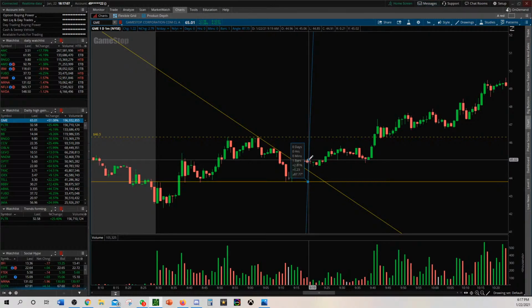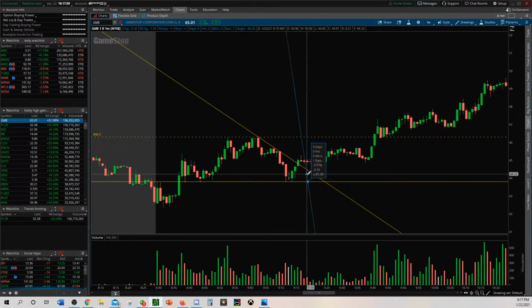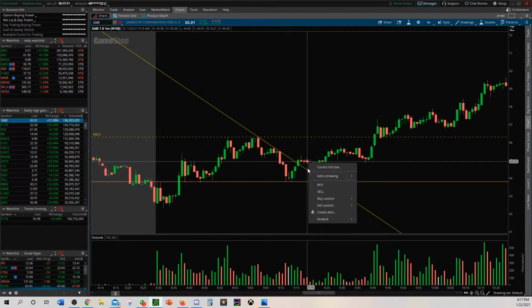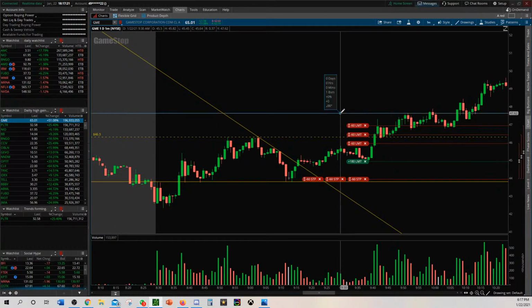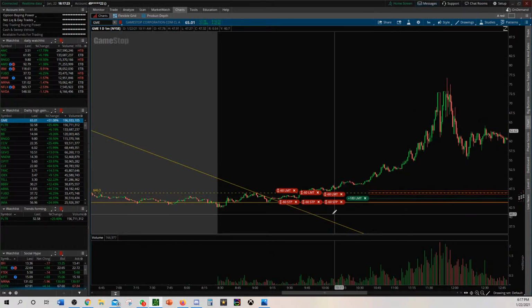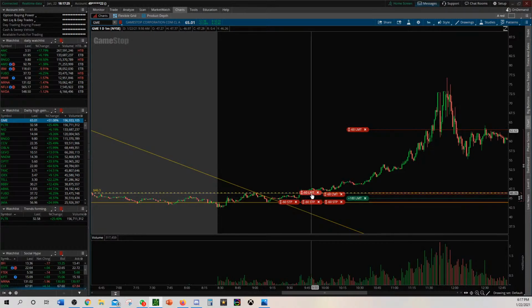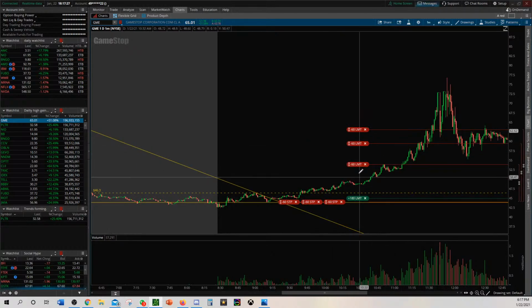There's about a $1.50 difference. I already have templates created. I simply look for $1, and it automatically puts my buy order, puts my stop below support, and also puts my target. Then I can always move my limits up on top. So I don't even have to do anything; I go directly from the charts.